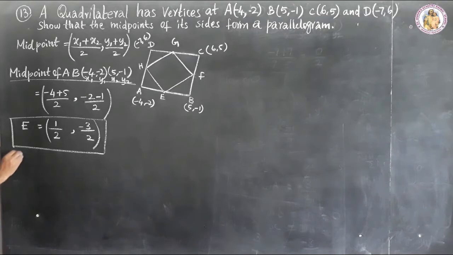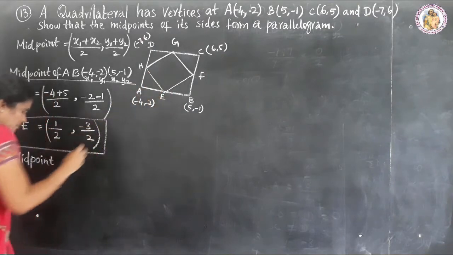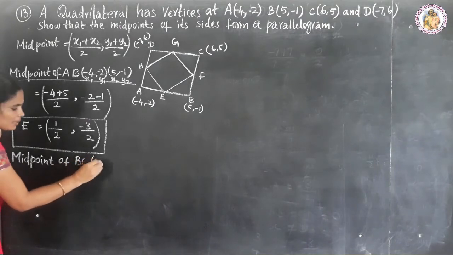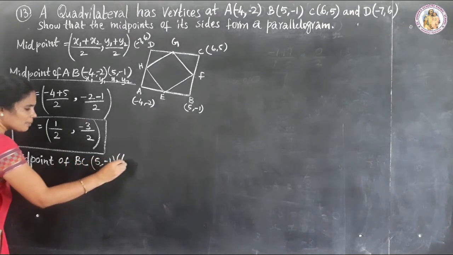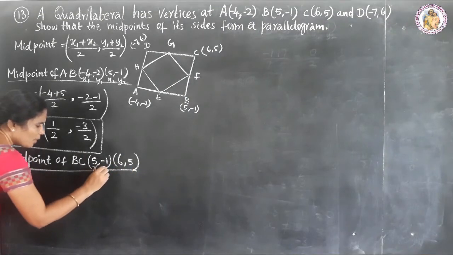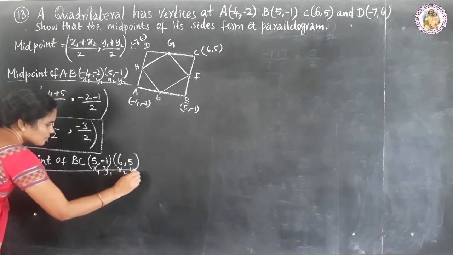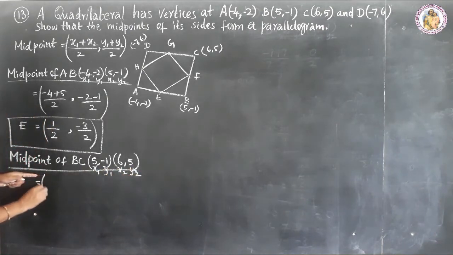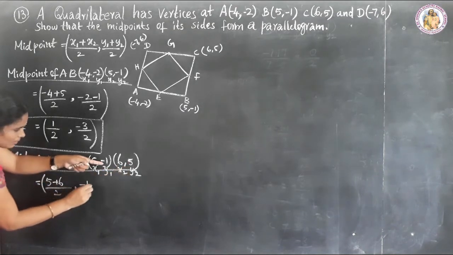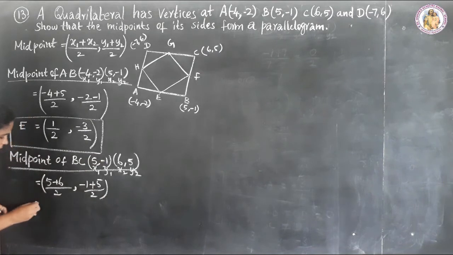Now let us find the midpoint of BC. B is 5 comma minus 1 and C is 6 comma 5, taken as x1 y1 and x2 y2. x1 is 5 plus x2 is 6, by 2, comma y1 minus 1 plus 5, by 2. 6 plus 5 is 11 by 2.